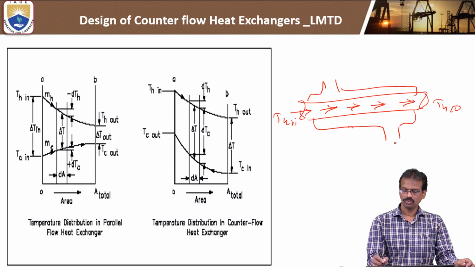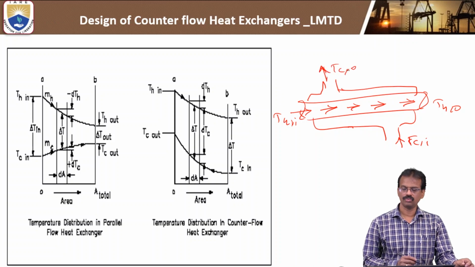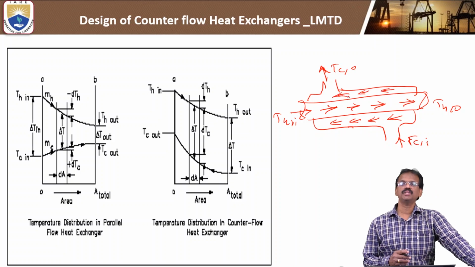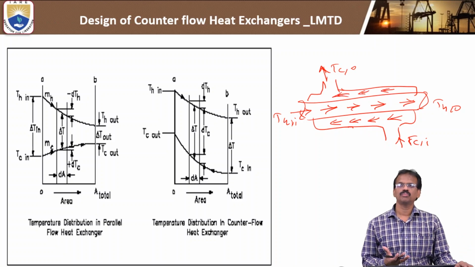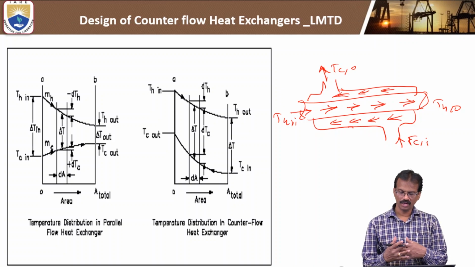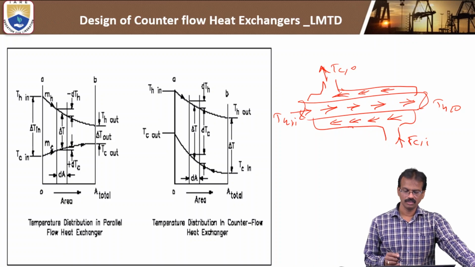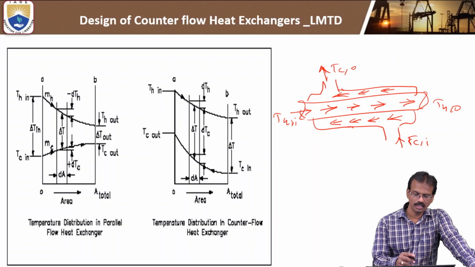Cold fluid enters at the opposite end, just opposite to the hot fluid outlet, and leaves at the cold fluid outlet. So the cold fluid direction is opposite to the hot fluid direction. It means in a counterflow heat exchanger, both fluids flow parallel to each other but in opposite directions. Then the temperature profile is like this.